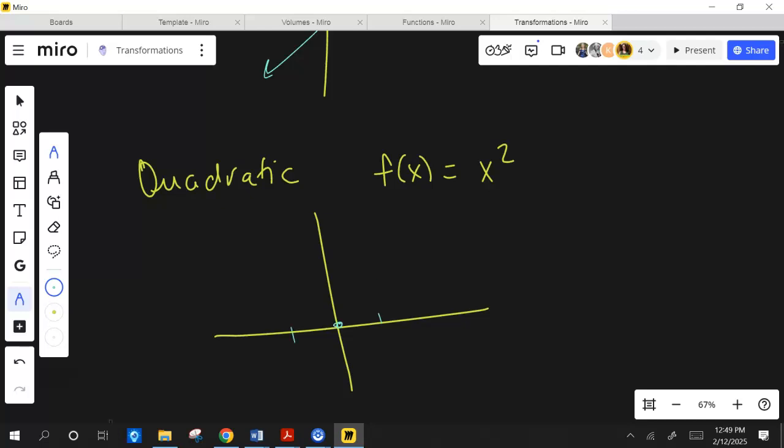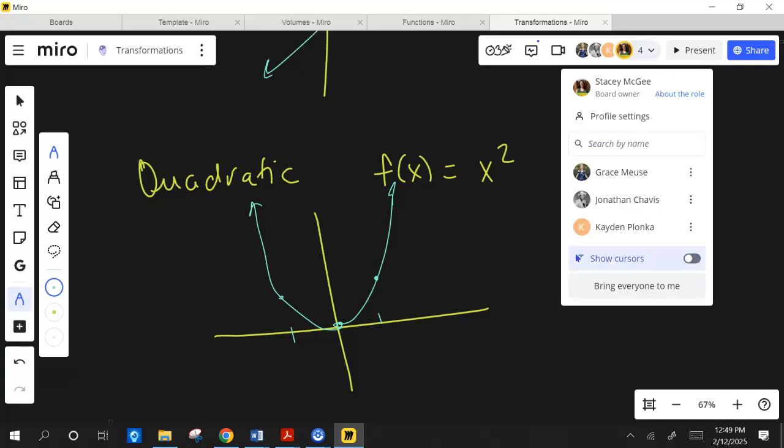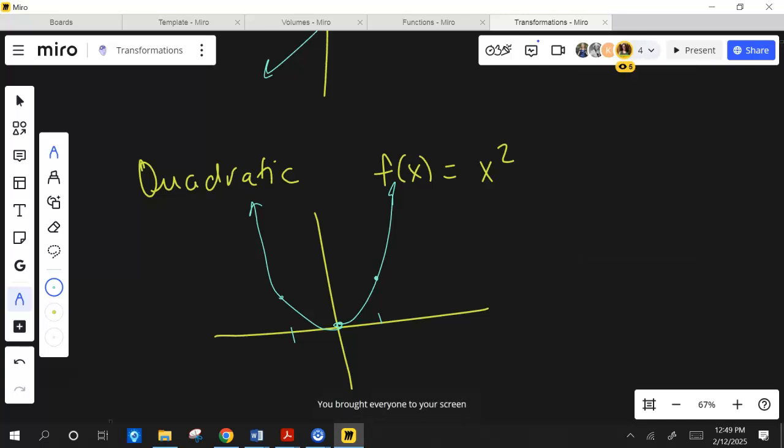1, 1, negative 1, 1. Shoop. You gotta make that sound when you draw it. That's a wonky looking quadratic, but you get the point there. What's its domain?